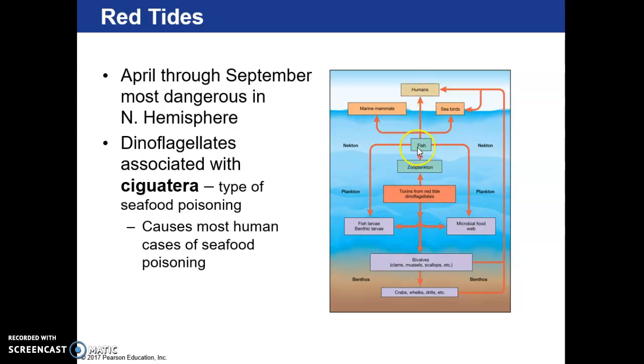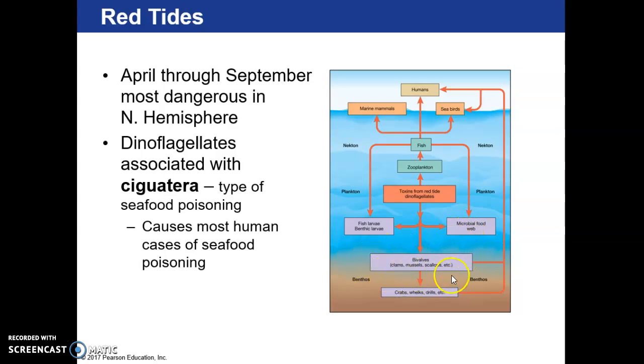You also have those fish that are laying eggs at this time and that are fed on by different microbes. And so you kind of get a double whammy in that area because the fish are consuming the toxins, but then they're also absorbing those directly from the water. So their larvae are absorbing the toxins directly from the water, and then your microbes are absorbing them directly from the water as well.